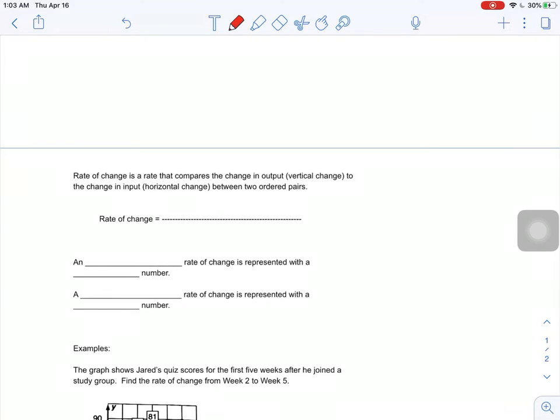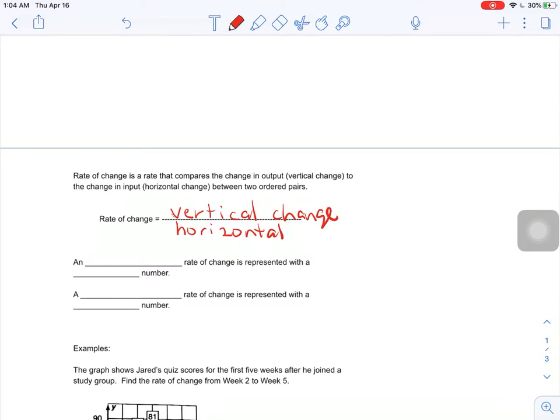Rate of change compares the change in the output, or the vertical change, to the change in the input, or the horizontal change, and it is a ratio. So we always put the vertical change, the change in the outputs, first on top, and the horizontal change on the bottom.